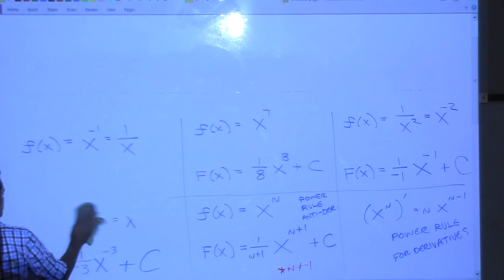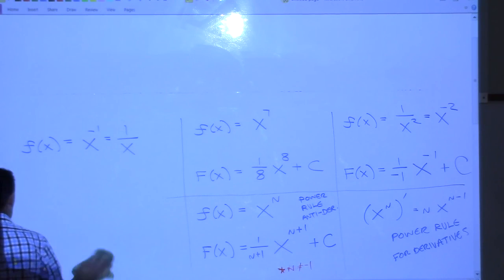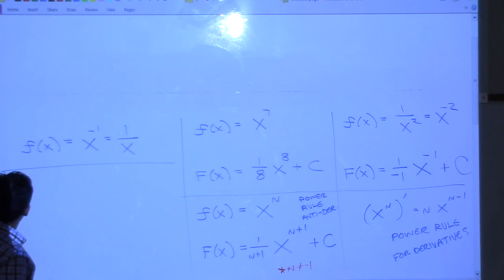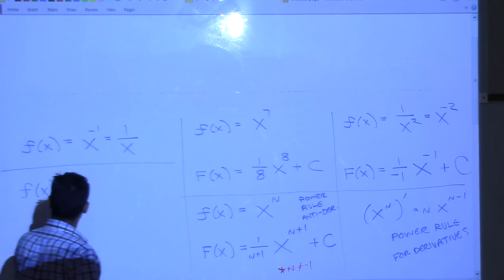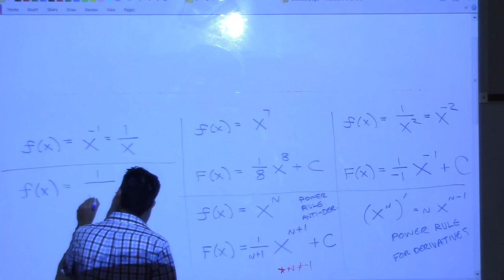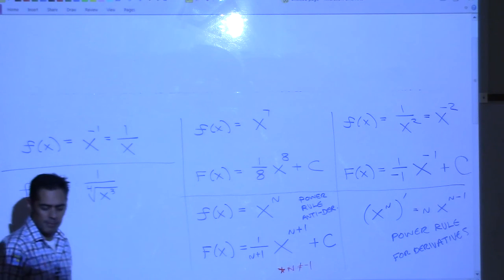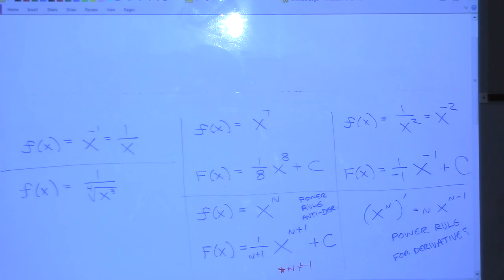So let me give you one more. See if you can find the antiderivative of this. Little f of x equals 1 over the 4th root of x cubed. Will we use chain rule?